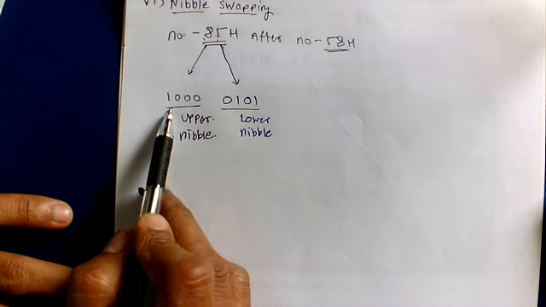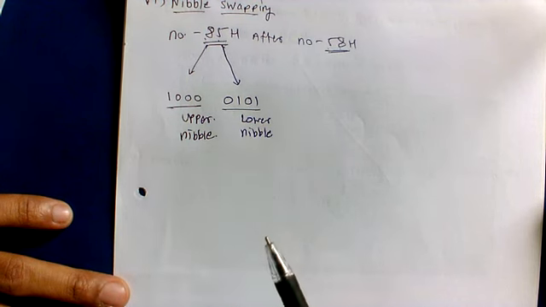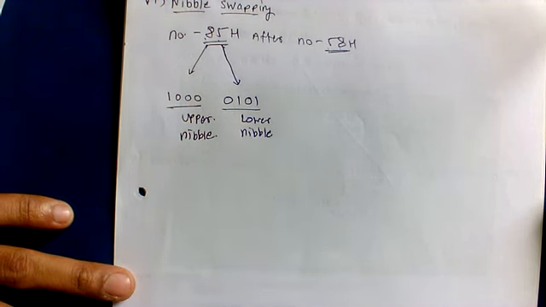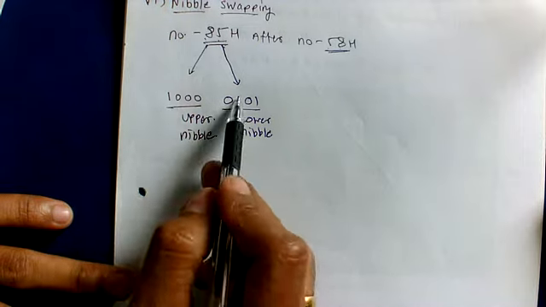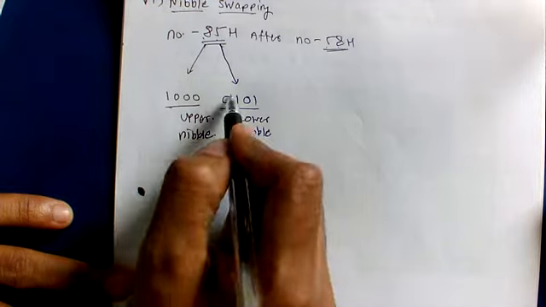8 is available at the upper nibble and 5 is located at the lower nibble. So what you have to do, bitwise you have to shift the lower nibble to the upper nibble and the upper nibble should go to the lower nibble.